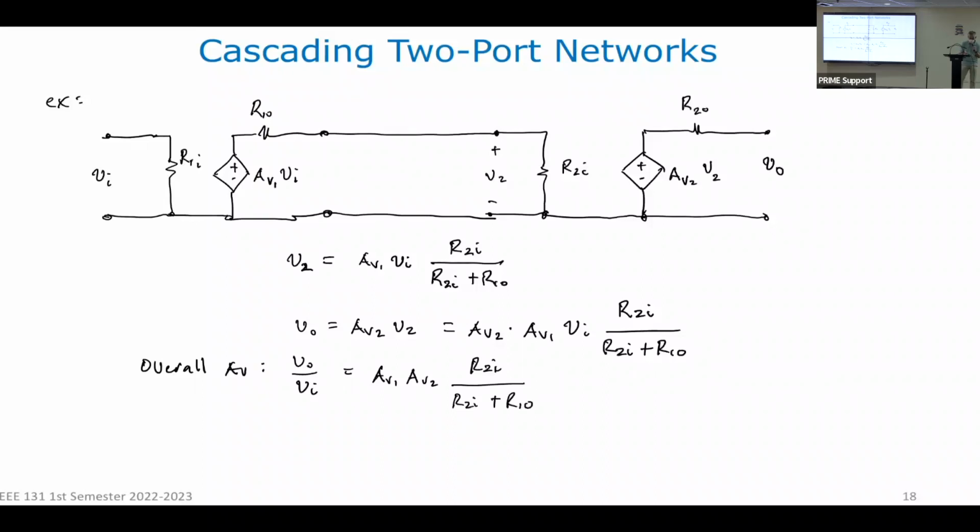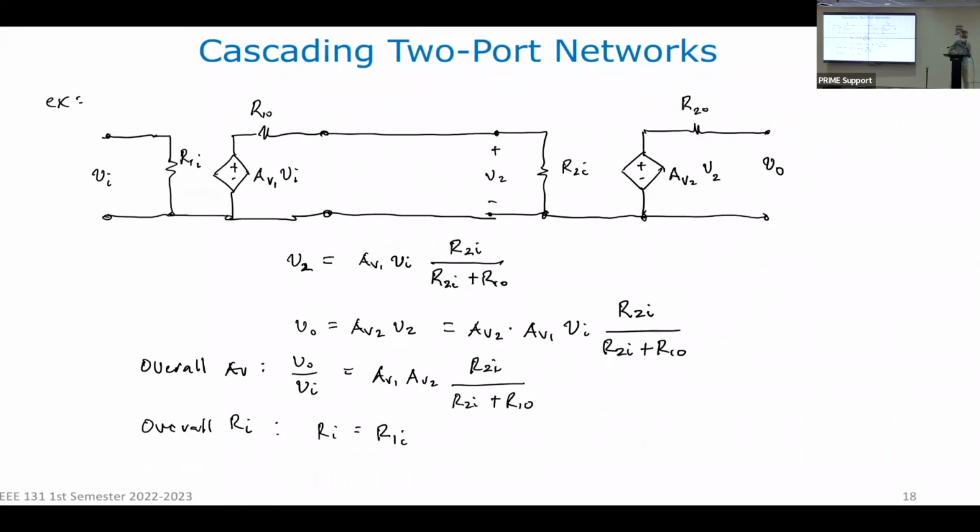Okay, what is my overall RI? My overall RI will just be R1I. No? In other words, what the source here will see will just be this resistance, R1I.